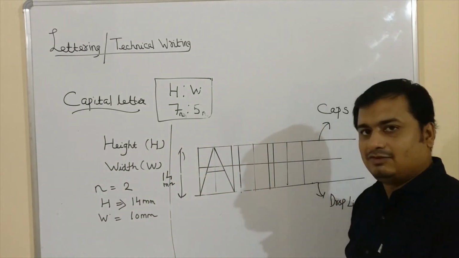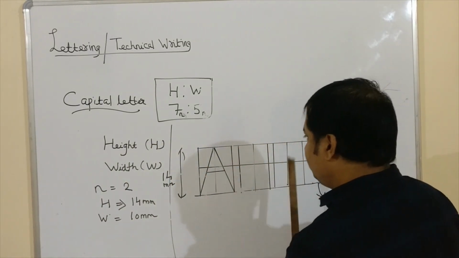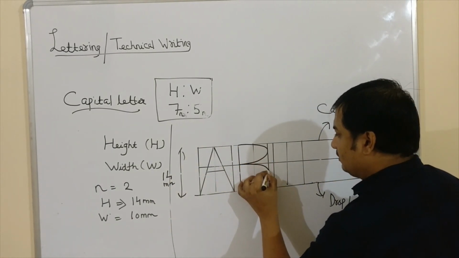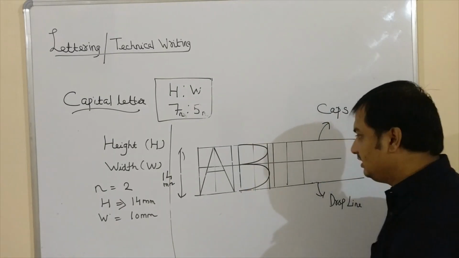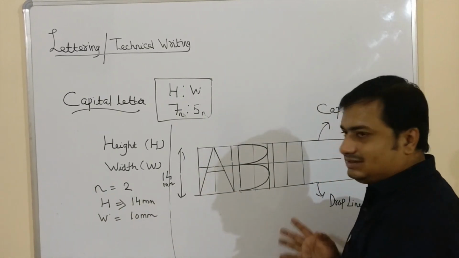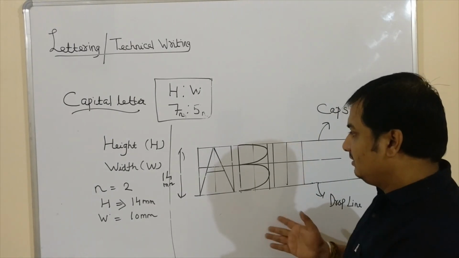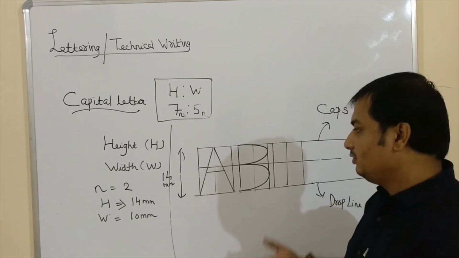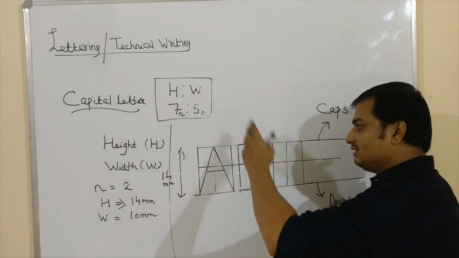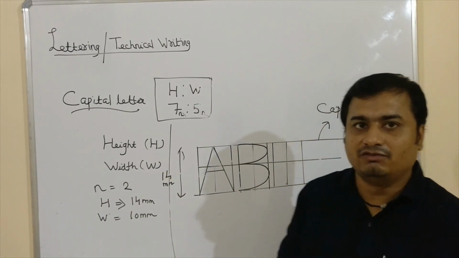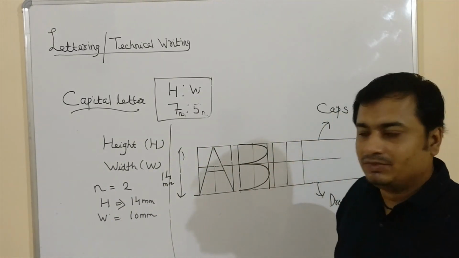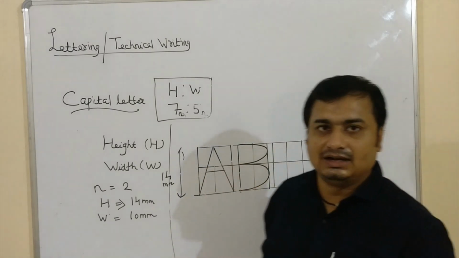So this is the first alphabet A. Similarly, you can write the B, similarly the C, similarly the D. This is the step I am going to explain: how to use this standard, how to drop the caps line and drop line, and how to plot the centers to make it convenient for writing the alphabet. You have to start with the A and complete with the Z. So this is the standard for capital letters.